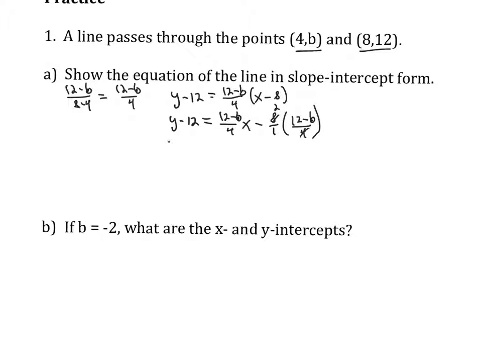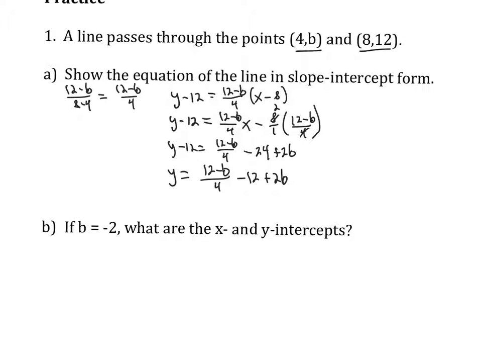And so this will then become y minus 12 equals (12 minus b) over 4 times x, minus 2 times 12, or 24, minus 2 times negative b, or plus 2b. And then we bring the 12 over to get y is equal to (12 minus b) over 4 times x, now minus 12 plus 2b.